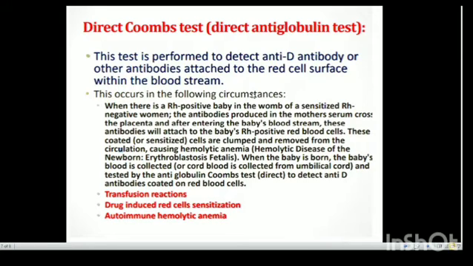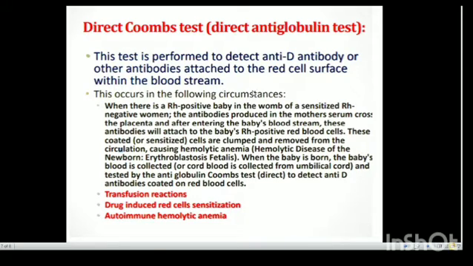When there is an Rh positive baby in the womb of a sensitized Rh negative woman, the antibodies produced in the mother's serum cross the placenta, and after entering the baby's bloodstream, these antibodies attach to the baby's Rh positive red blood cells. These coated cells are then clumped and removed from the circulation, which causes hemolysis or hemolytic anemia. So we call it hemolytic disease of the newborn, HDN.